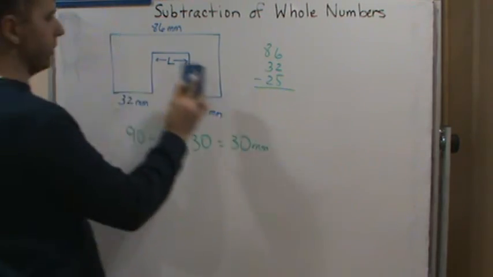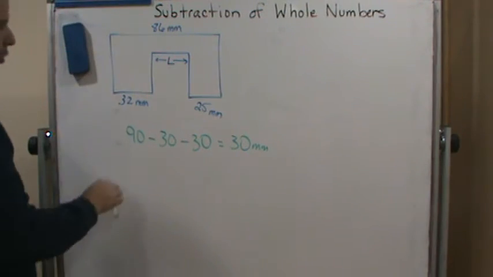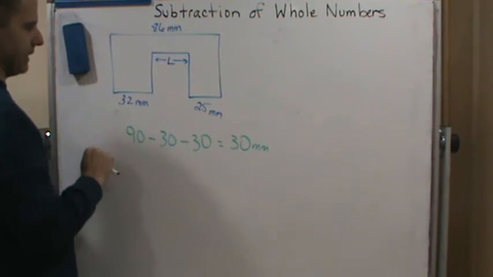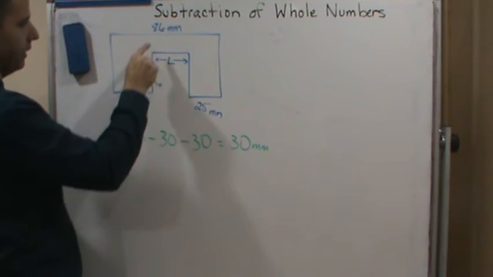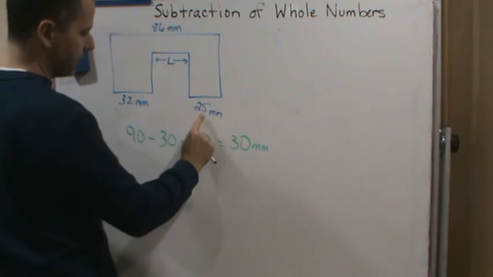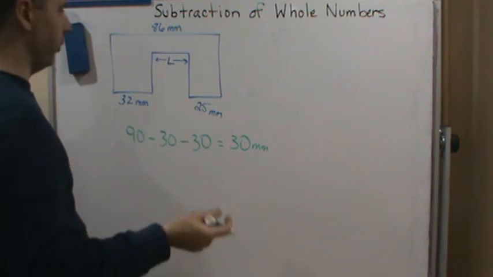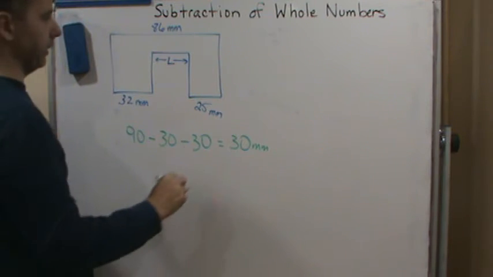So we're going to have to do two at a time. It's going to be a two-step process. We can either add up these two lengths and then subtract that from 86, or subtract this length from 86 and then subtract this length from the result. It doesn't matter which way you do it, but our answer should be close to 30 millimeters.